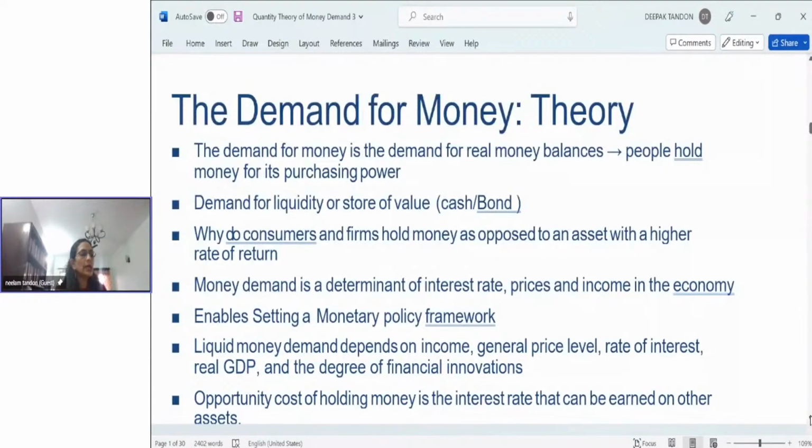Durability is that money won't lose its value over a period of time compared to anything else. So no depreciation. Yes, the value of money decreases, but that is because of inflation. So, portability and durability.